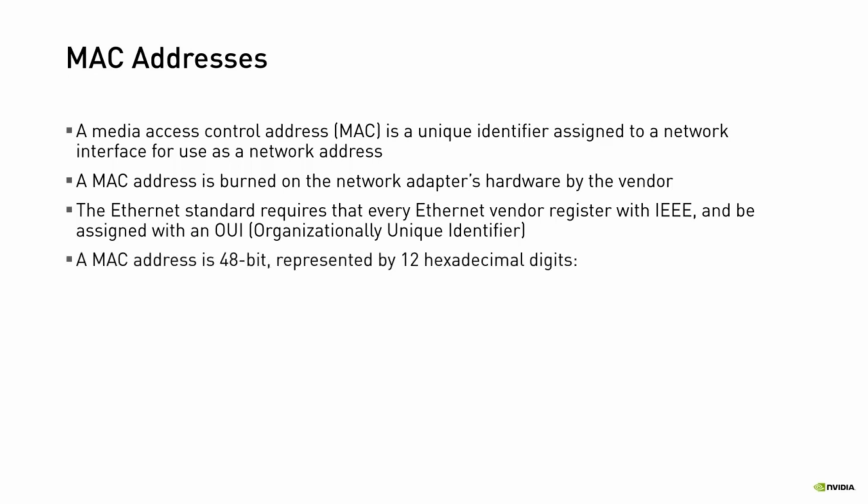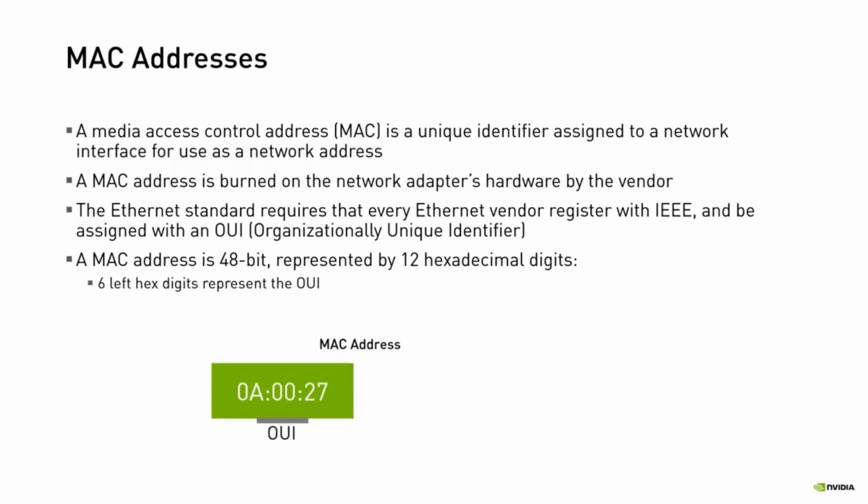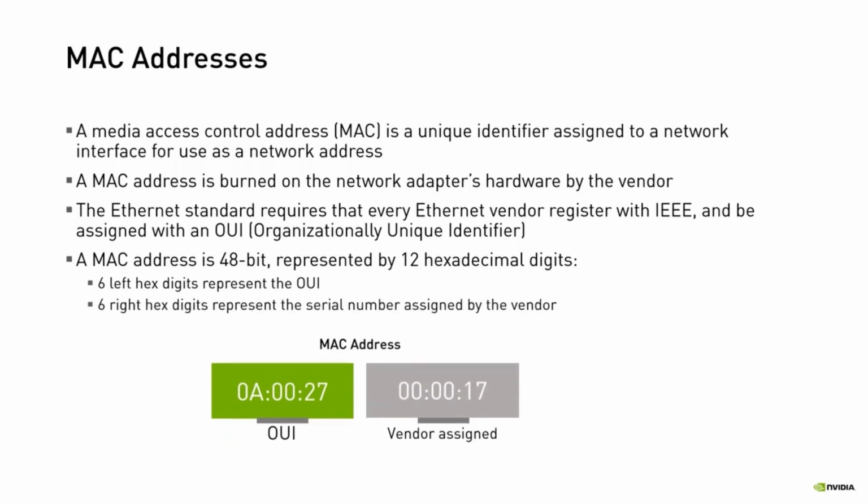MAC addresses are 48 bits long, represented in 12 hexadecimal digits. They have two halves. The left 6 digits form the OUI, and the right 6 digits form a serial number assigned by the vendor. Combining a unique OUI and a unique serial number yields an address that uniquely identifies an Ethernet interface in the network.